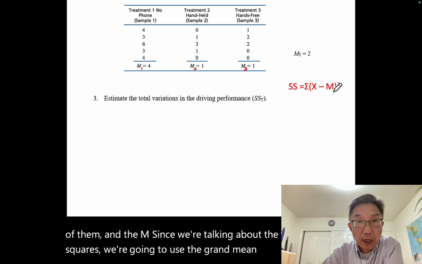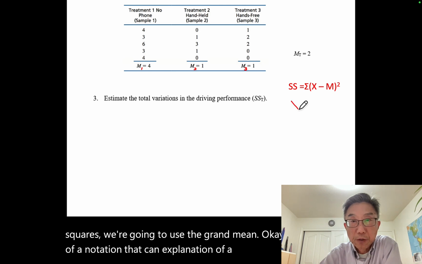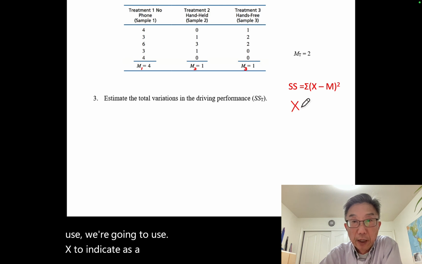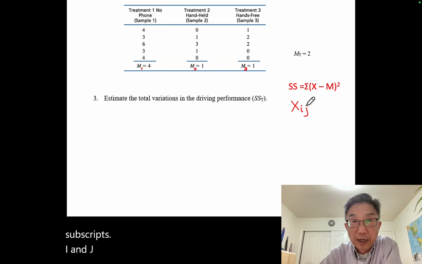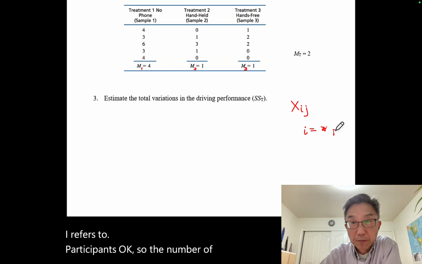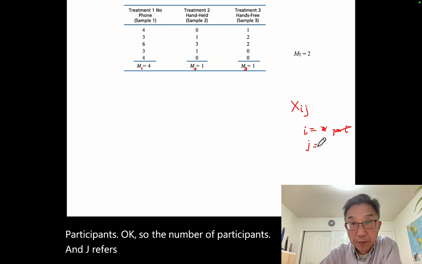Here's an explanation of a notation we're going to use. We're going to use x to indicate the measurement, and we're going to use two subscripts, i and j, so x of i and j. i refers to participants, the number of the participant, and j refers to condition.